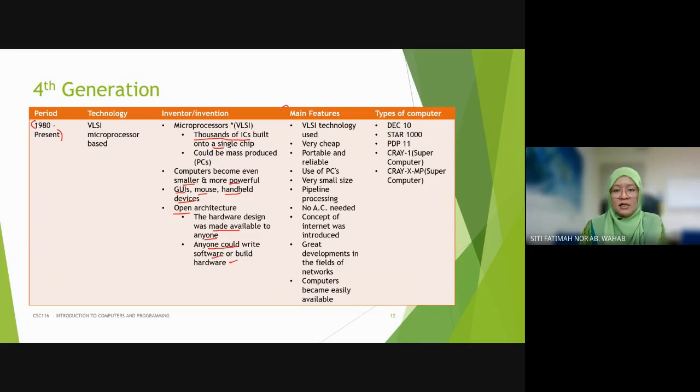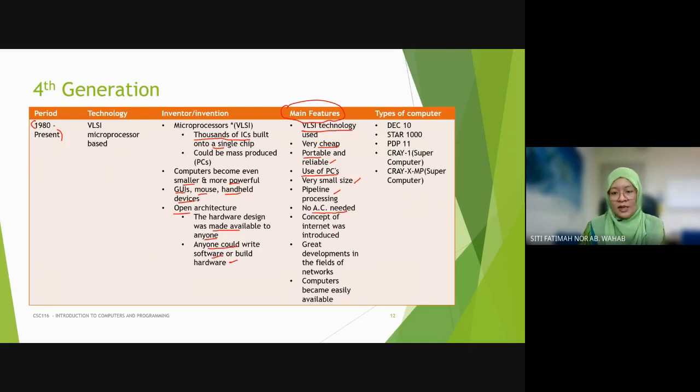So the main features of the fourth generation: it used VLSI technology. It was very cheap, portable and reliable. The use of PC, personal computer, very small in size. It used pipeline processing. No AC is needed.